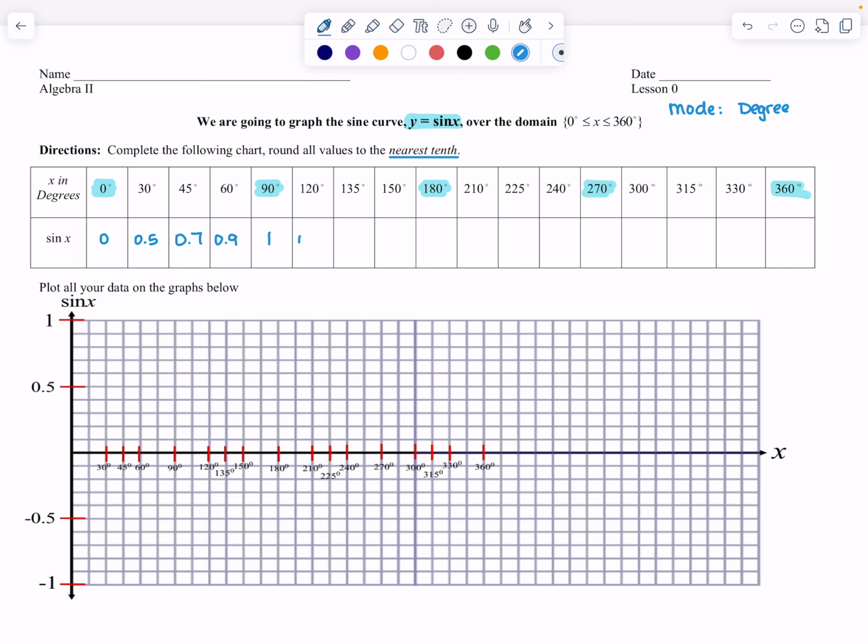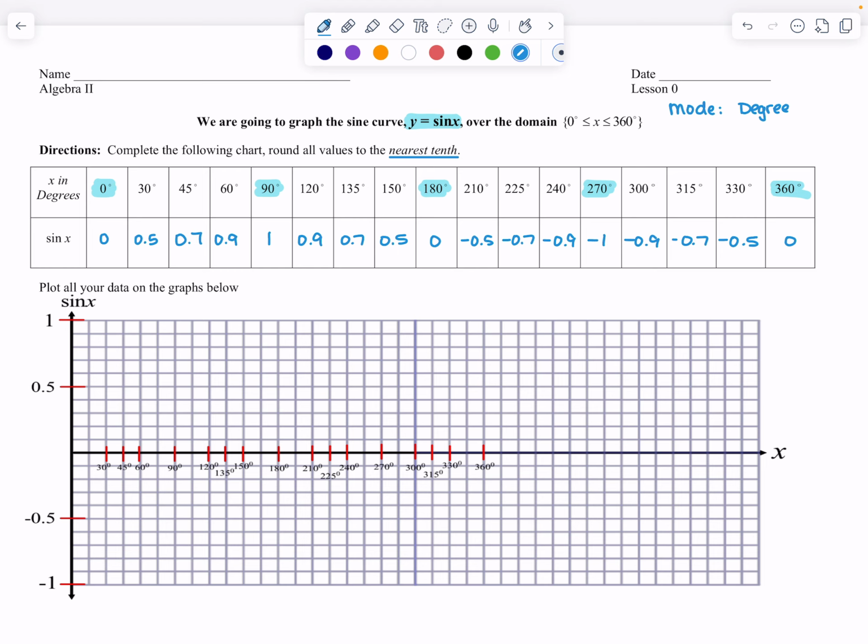So I'm going to finish my table. Okay, and it should look something like that once you've completed your table.